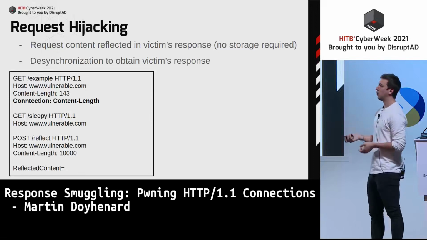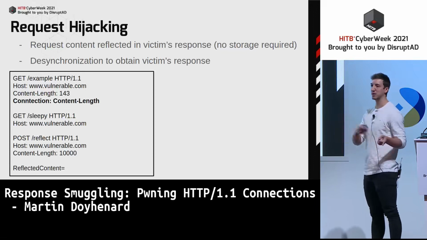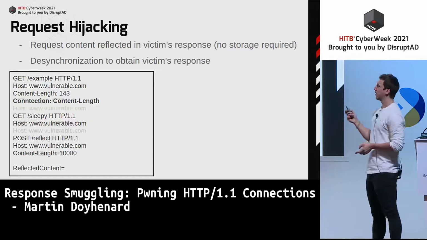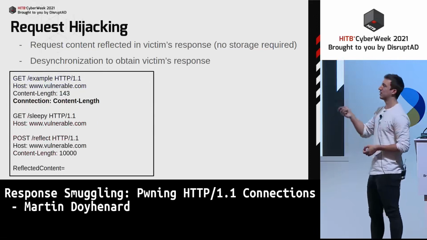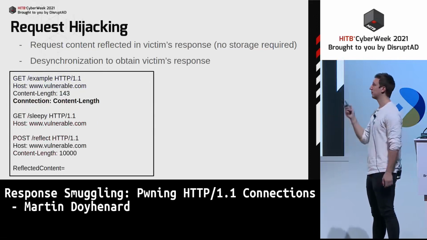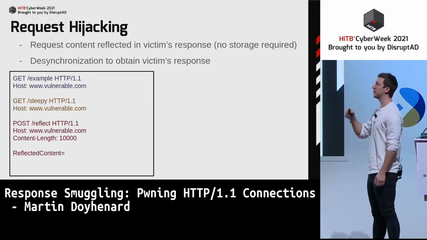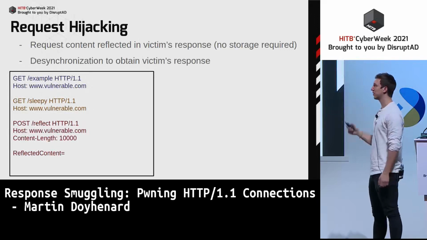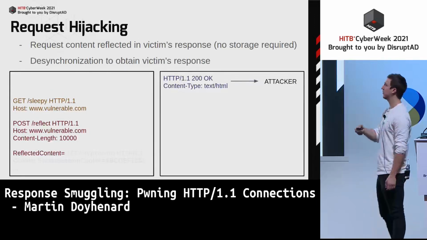So the idea is we will use a reflection and then a desynchronization to obtain the victim's response. In this example, we send one request that will be forwarded by the proxy. The backend will receive this and split it into three different requests. The first request will create a response that will go back to the attacker.